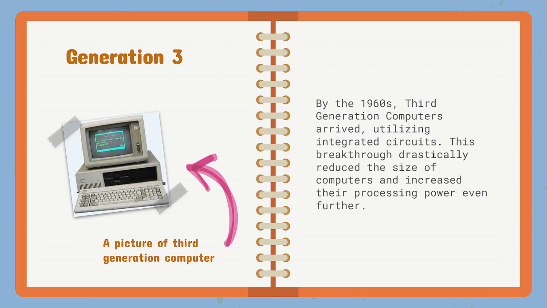Examples of this computer are the IBM System 360 and DEC PDP-8. The creators were companies such as IBM, Digital Equipment Corporation, also known as DEC, and Texas Instruments, which were among the key players in the development of third generation computers.